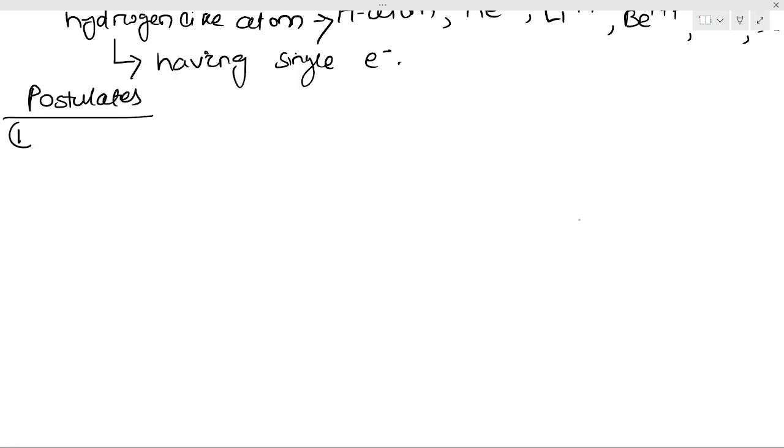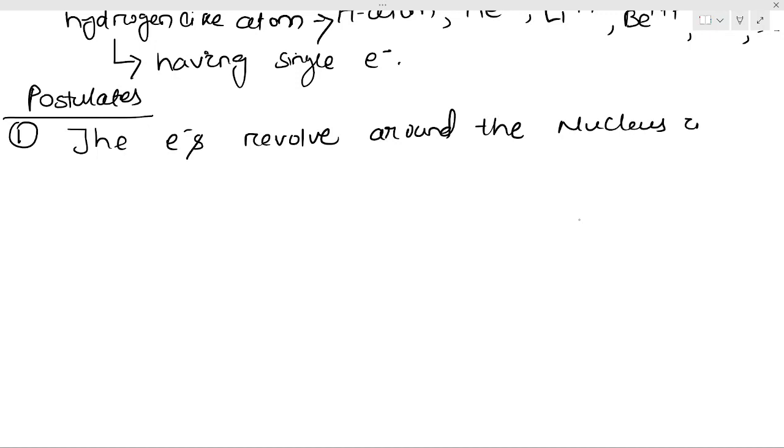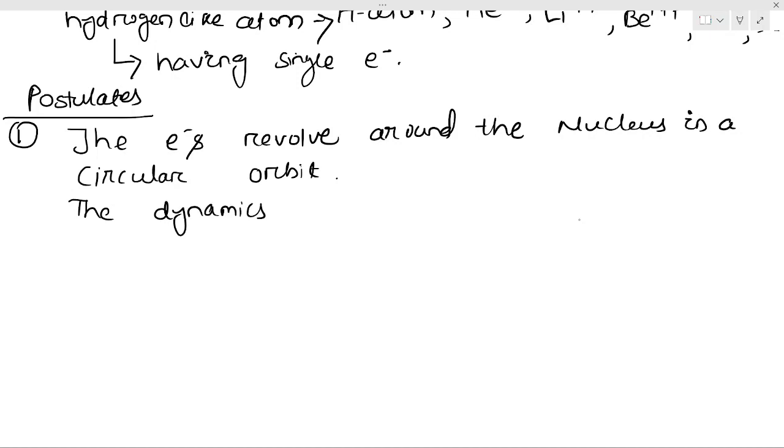The first one is the electron revolves in a circular orbit around the nucleus, and the dynamics of the electron is governed generally by Newtonian mechanics.